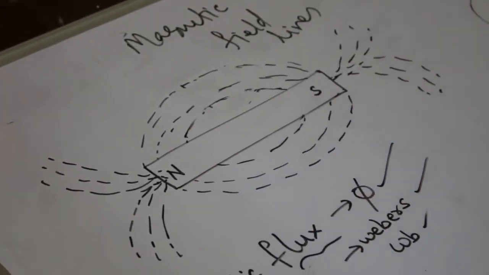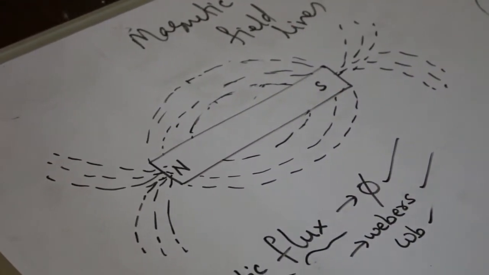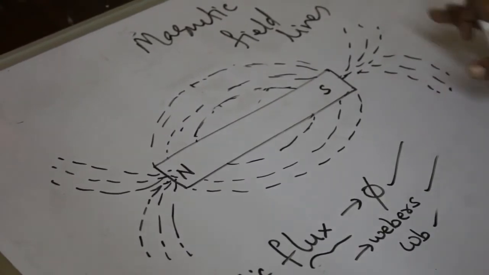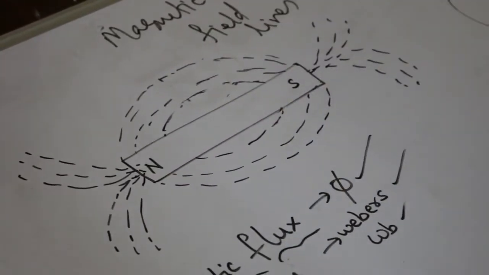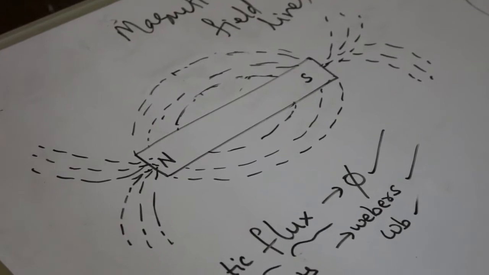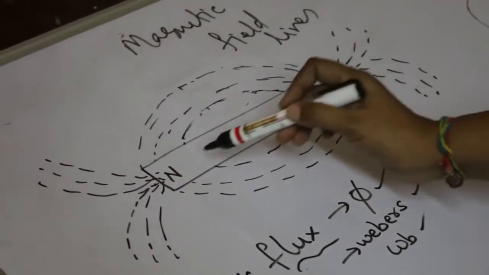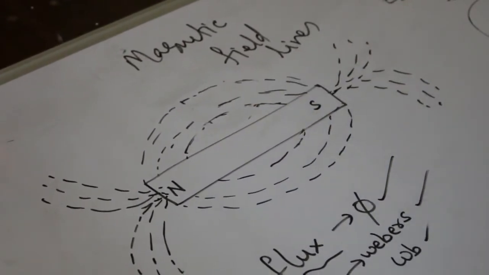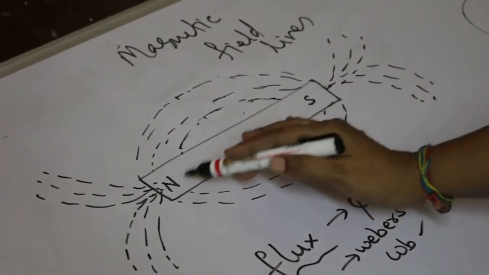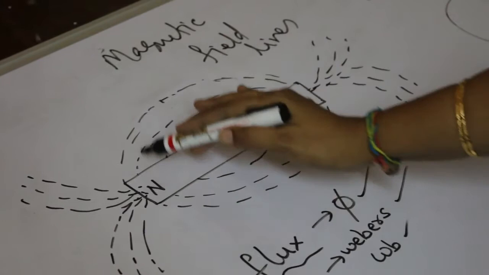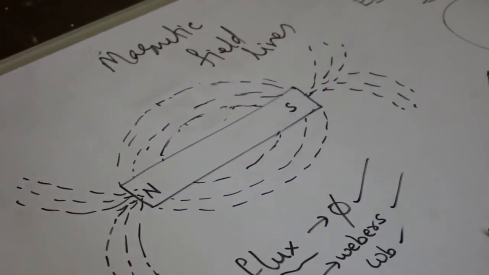They will extend in 3 dimensions, magnetic field lines. So here we could see the 2-dimensional arrangement of these magnetic field lines. If you observe, they are extending from north to south. These magnetic field lines will start from north pole to south pole.